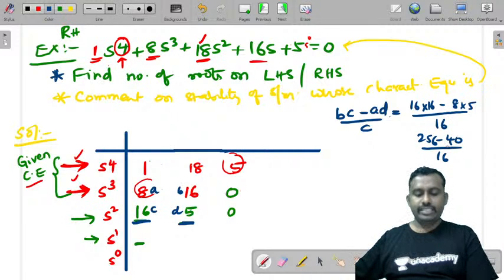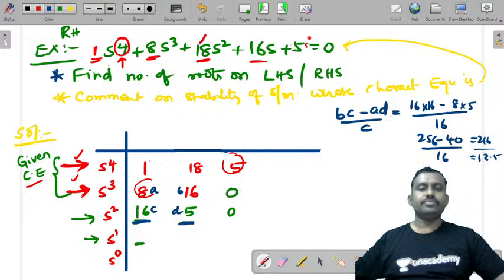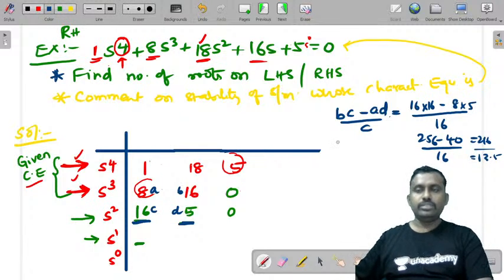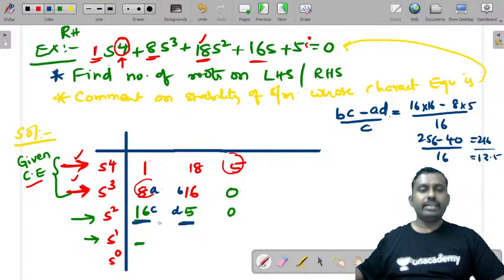So 256 minus 40 will give you 216 by 16. 216 by 16 will give you 13.5. So 16 into 16 minus 8 into 5, maybe the numbers are correct. 256 minus 40 is 216 divided by 16. So this will give you 13.5 here.